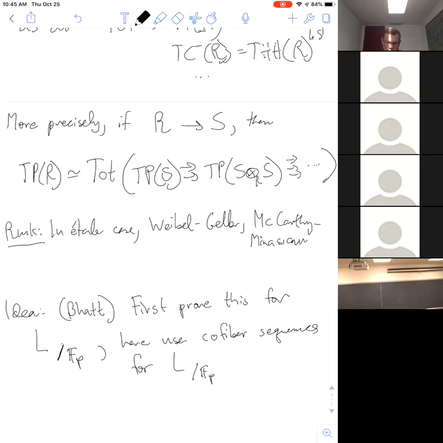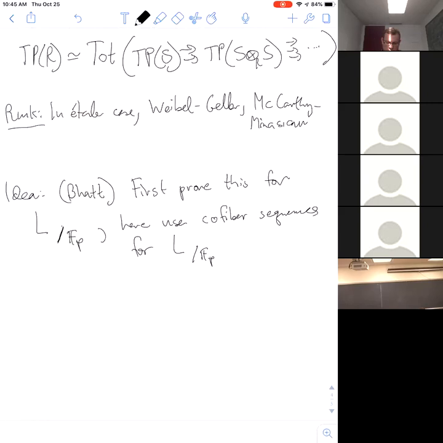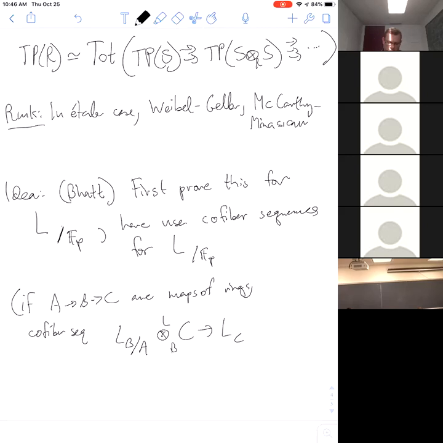The cotangent complex has this property that if you have a triple of maps of rings, A to B to C, then you get a cofiber sequence involving the cotangent complex: the cotangent complex of B over A, derived tensored from B up to C, mapping to the cotangent complex of C over A, mapping to the cotangent complex of C over B. So this is one of the basic properties of the cotangent complex, and this lets you treat the case of the cotangent complex pretty formally.